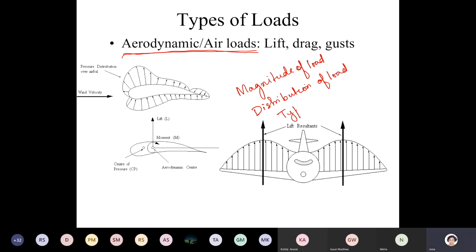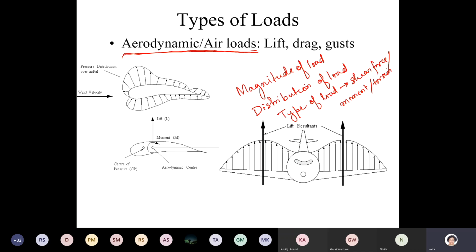The type of load as in whether it is a shear load, a shear force, whether it is a moment, whether it is a torsion. All this needs to be known before you can go ahead and design the structure.